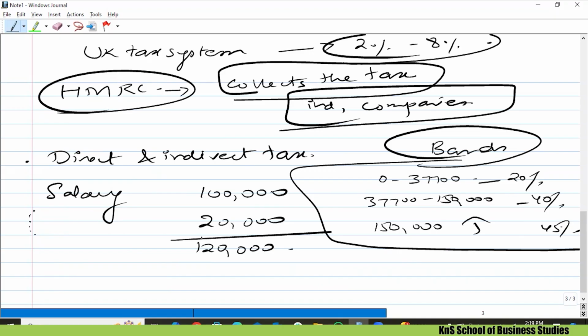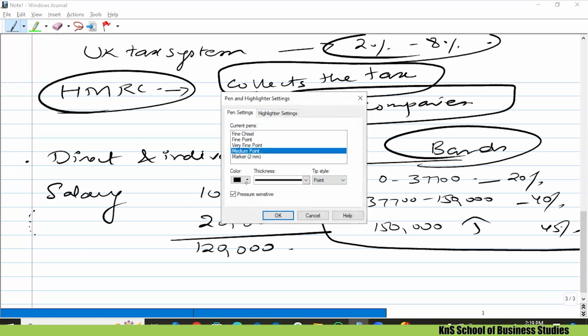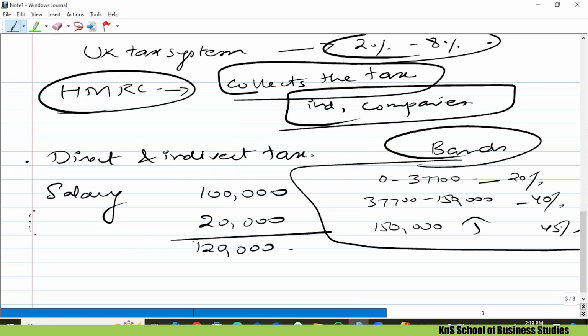Now, what will happen? I'm going to tell you the mistake and how to correct it, both things. Let's say I ask a student to calculate the tax over here. What is going to be the tax here? I'm teaching two things together.